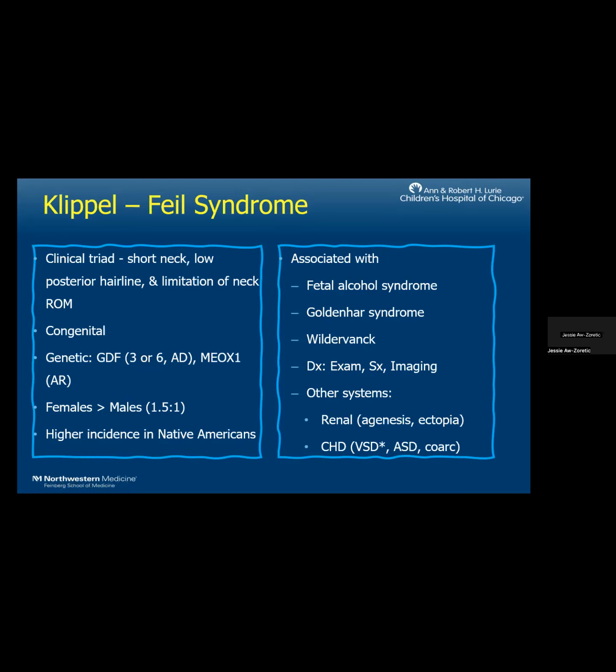There are other systems that Klippel-Feil syndrome has anomalies with. There are issues in terms of the renal or kidney anomalies, so you can get either ectopia of the kidney, agenesis, dysgenesis, malrotation, duplication. There's also an association with congenital heart anomalies, with VSD being the most common.